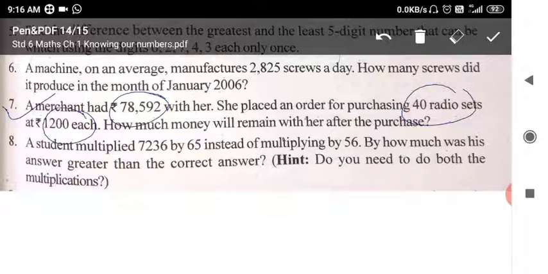So first you see here, we have to find the cost of 40 radio sets. We get the cost of 40 radio sets, and that amount we will subtract from the total rupees, and then we will get how many rupees are remaining. So let's see here.